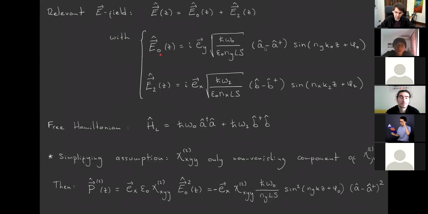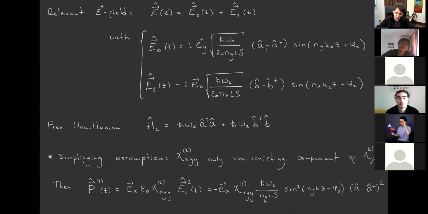One component is related to the fundamental field at frequency omega 0 with polarization in the y direction. We call a the annihilation operator of this field, and the field itself is E0. Then we have the part of the field corresponding to the mode at frequency 2 omega 0 with polarization along x, with annihilation operator b.